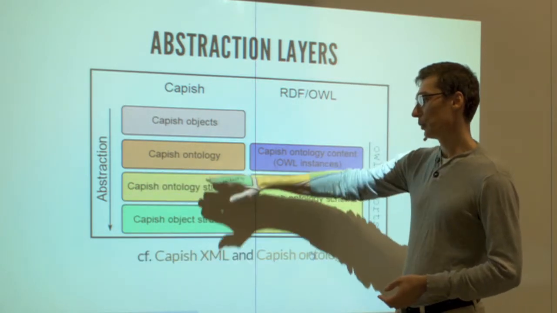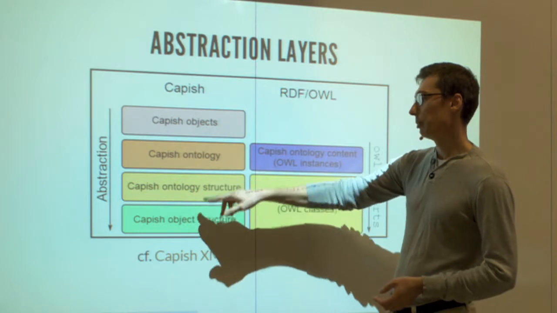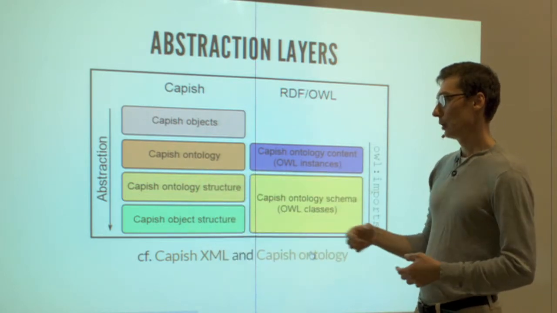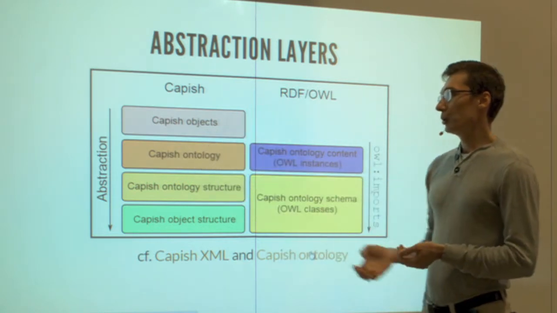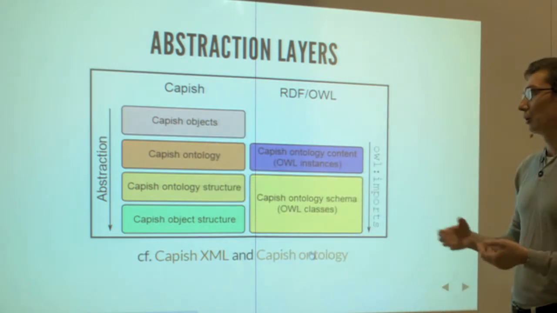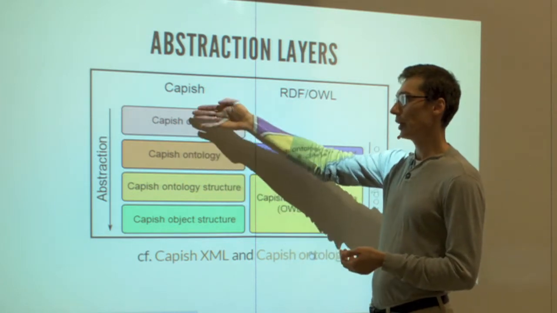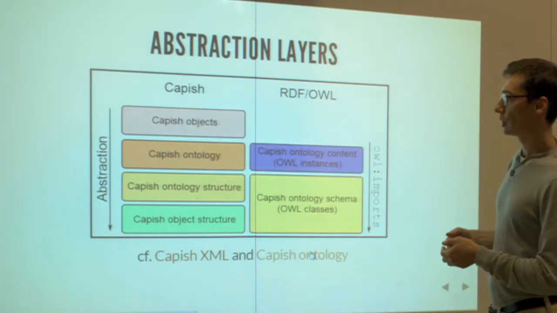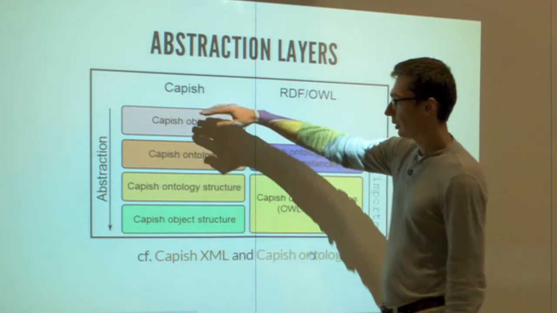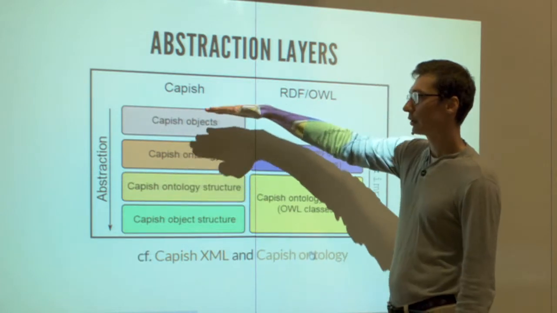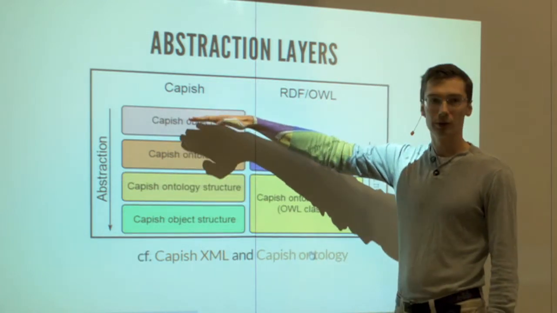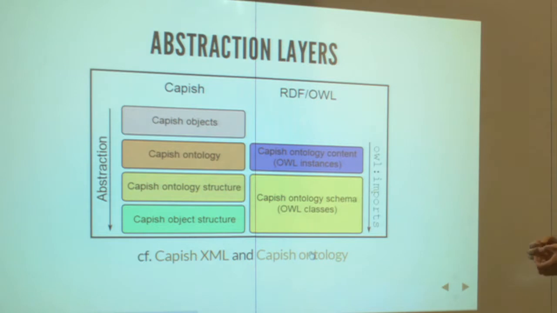You can think of this as a dependency for this. Then, of course, the ontology structure predefines how the ontology itself looks, and in its turn the ontology itself is a schema for the actual Capish objects. So you could say that in this stack you have abstraction growing downwards. The most concrete thing is here, the actual XML, the actual data objects which are being emitted from the conversion system. This is the goal.